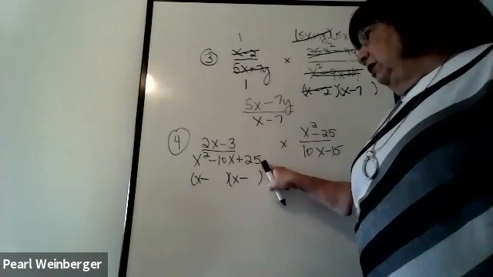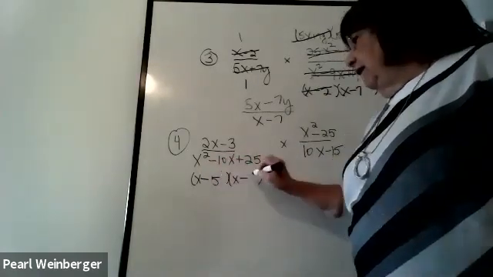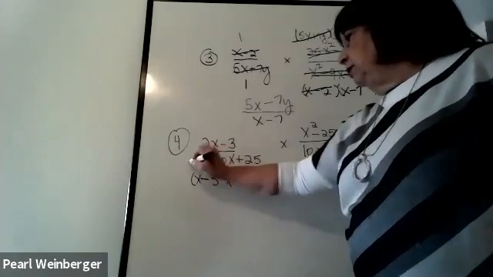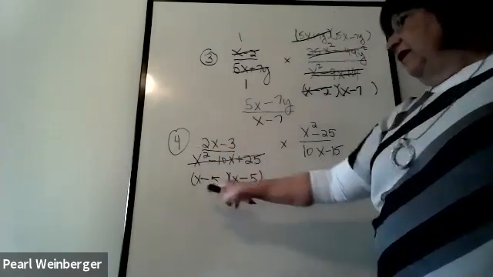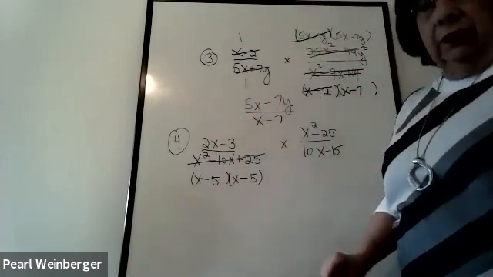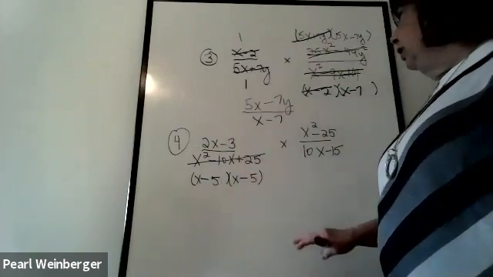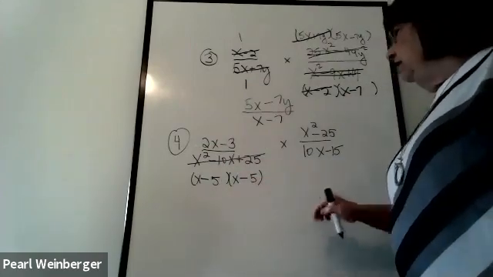And numbers that multiply to 25 and add to 10 are obviously 5 and 5. Let's put a line through this. Of course, you could have written it as x minus 5 with an exponent of 2 on the outside, but it's better to leave it separate when you want to see what you can cancel out.